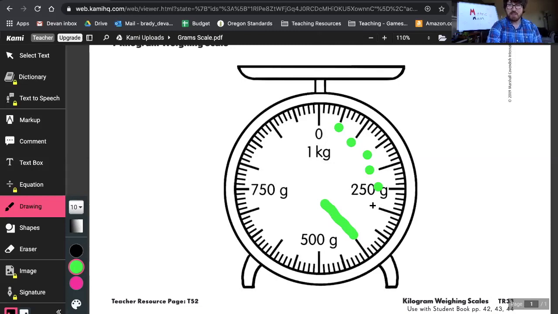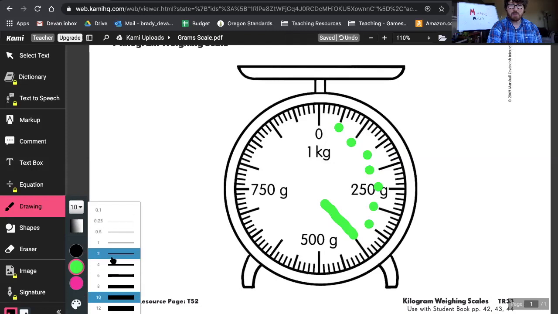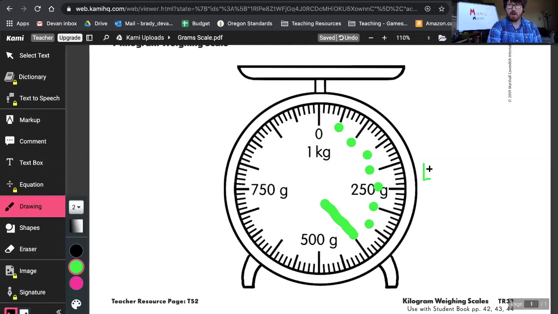So there's 250, 300, 350, and how many grams is that? Go ahead and yell it out. 400 grams. Now, not kilograms, grams, which means smaller than a kilogram. 400 grams.